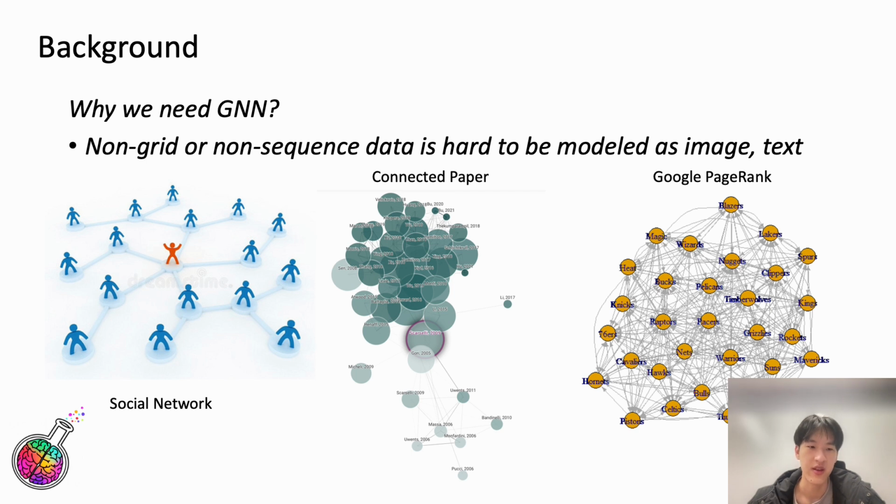But as we said, they can be easily modeled as a graph, so we can do some learning process based on the graph structure. So here, prior works proposed the graph neural network to learn graph information.